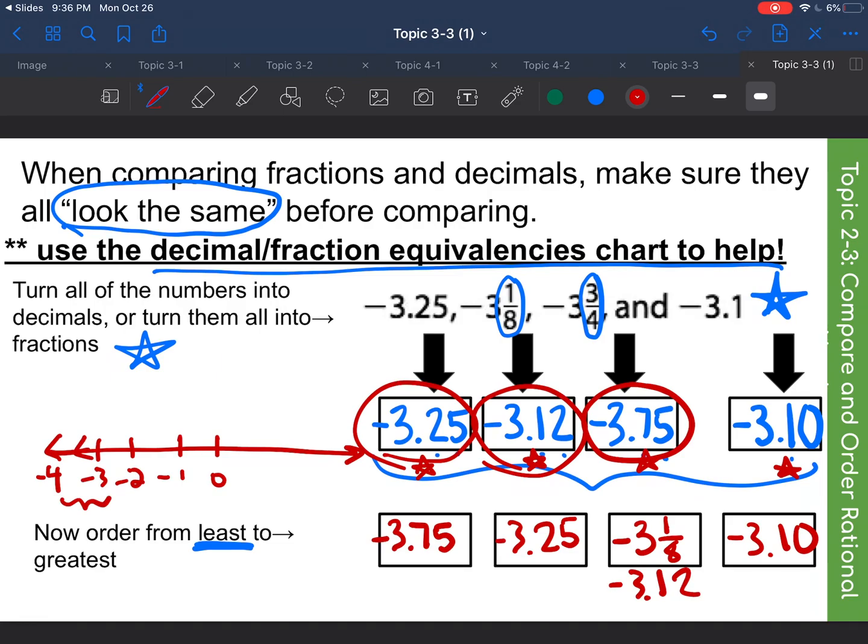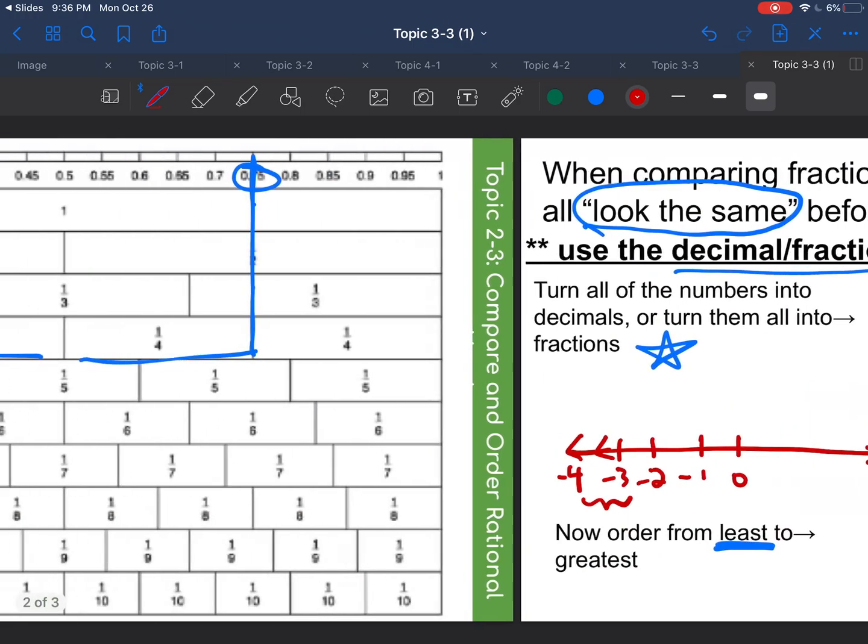So again, when comparing fractions and decimals, make sure they're all in the same form, either all fractions or all decimals, because it's hard to compare if they look different. I don't know what's greater, 3/4 or 1/10 or 1/8. It's really hard to compare.